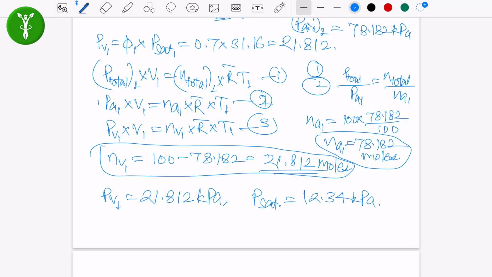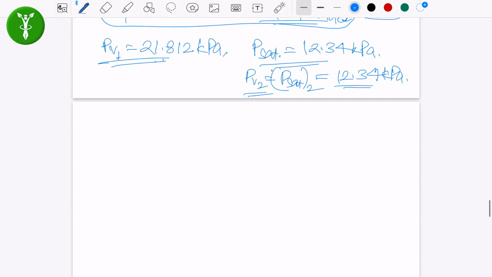So the saturation pressure in state 2 is itself lower than the vapor pressure at state 1. So condensation will take place, and PV2 will be equal to P saturation at 2. So by this we know the vapor pressure at the second stage.